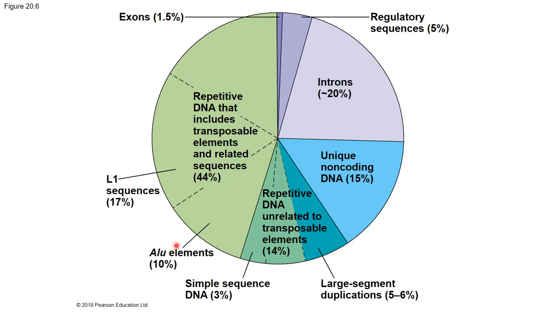So L1 sequences, or they are actually sometimes called LINE-1. LINE stands for long interspersed nuclear elements. So these are transposable elements. They represent almost 70% of the genome.